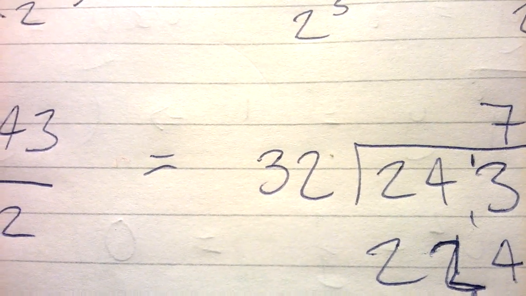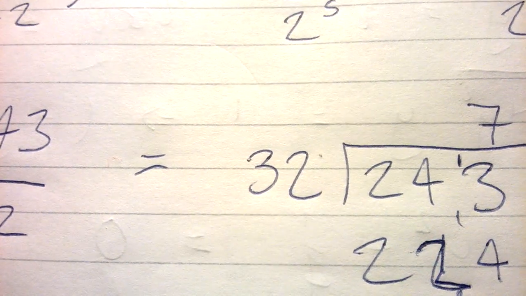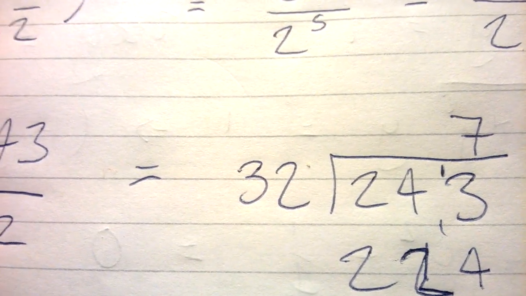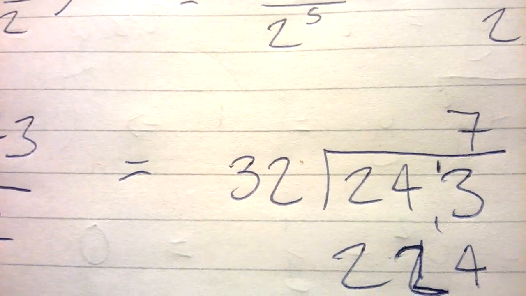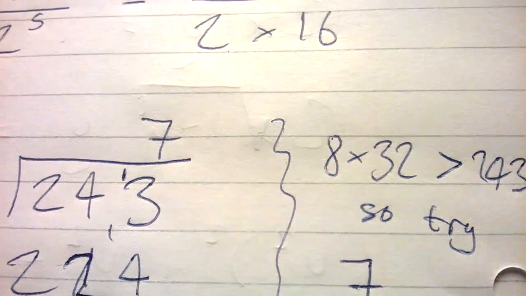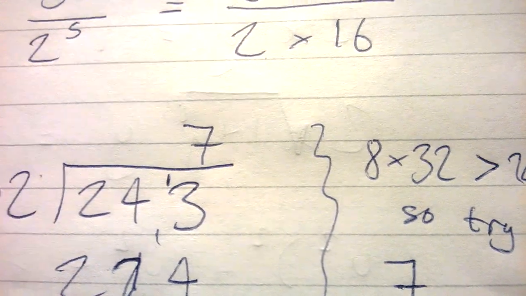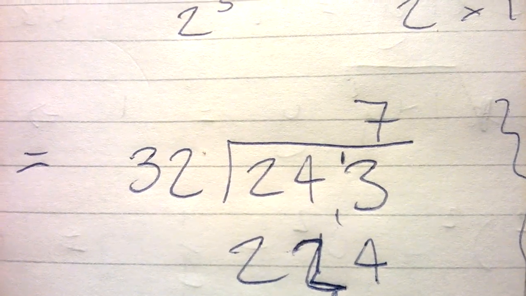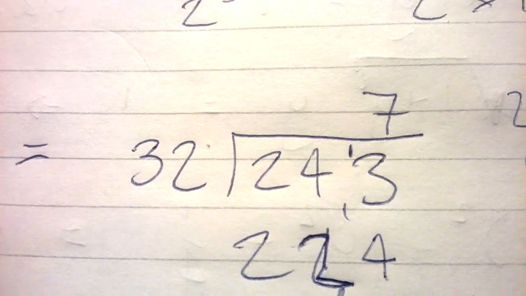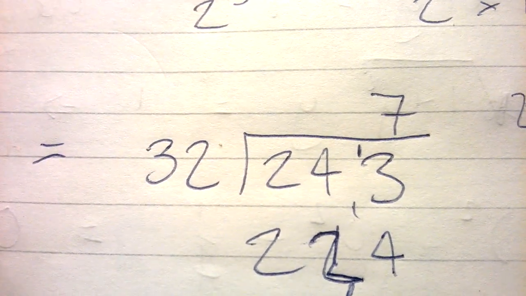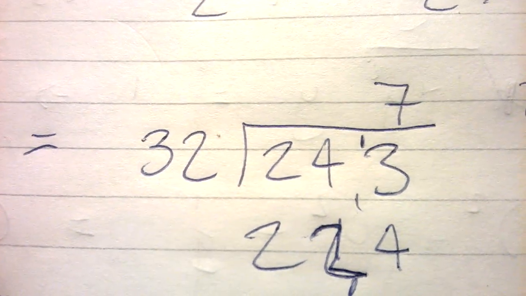Roughly, had it been 30 into 240, we know it would have been 8. But because we've got 32, 8 times 32 will be more than 243. So let's try 7. We're guessing that the quotient of 243 over 32 is going to be 7 plus something.